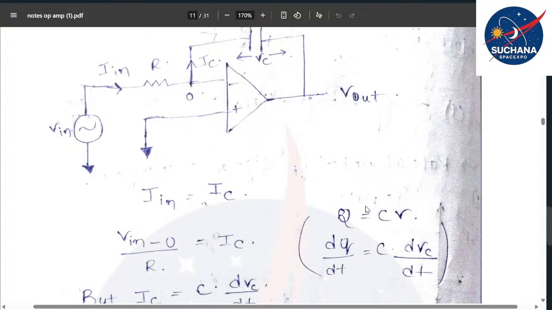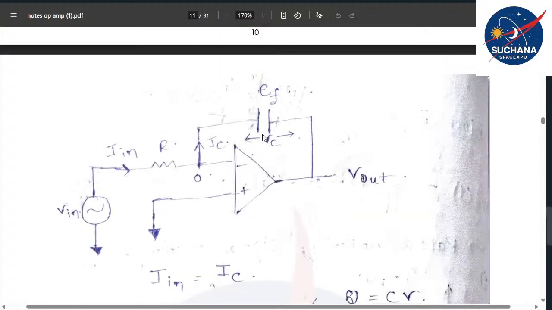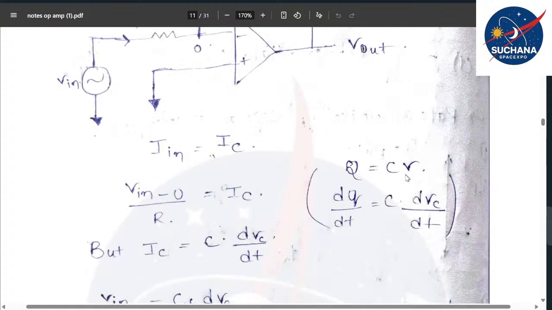Now Q is equal to CV, and we differentiate this equation once. On the LHS we get dQ by dt, and on the right, C is a constant, since every capacitor has a constant capacitance, so C into dV by dt. Already I assumed that the potential across the capacitor is Vc, so instead of V I put Vc. From Q equals CV, we obtain dQ by dt equals C into dVc by dt.